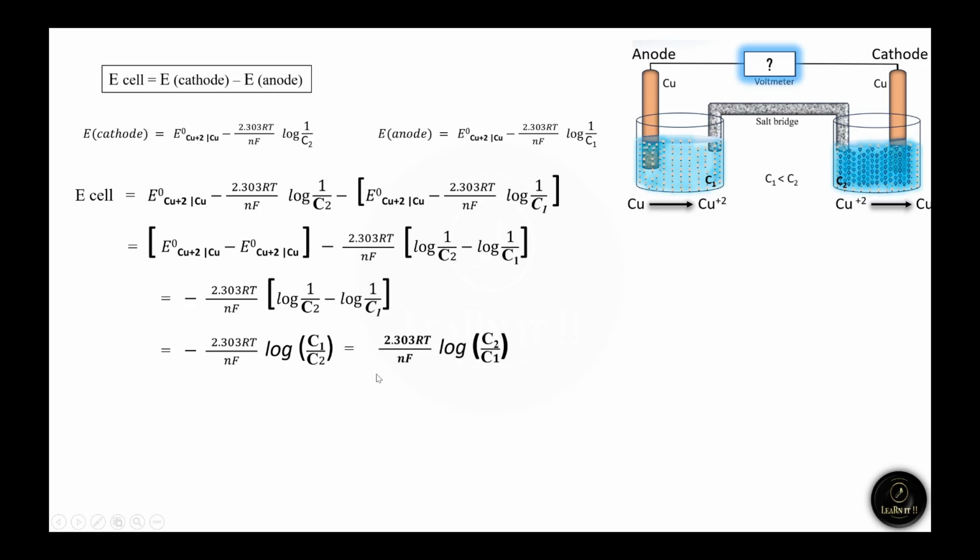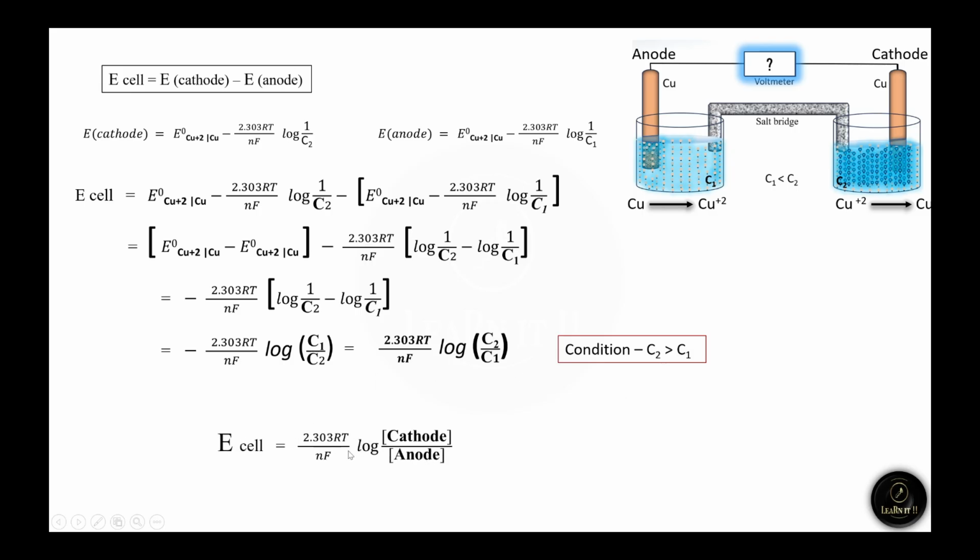At the end we get 2.303 RT divided by NF log of C2 divided by C1. The condition must be known that C2 indicates the higher concentration and C1 the lower concentration, so C2 must be greater than C1.